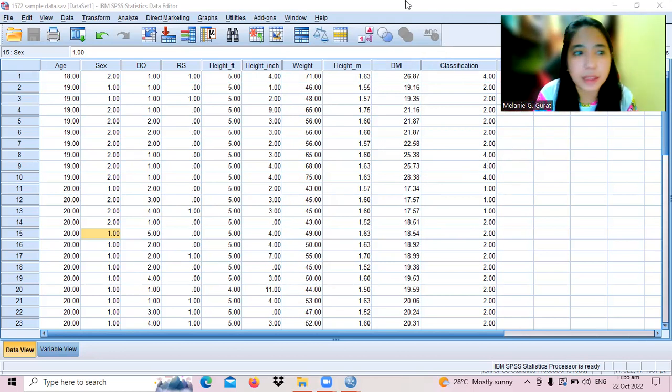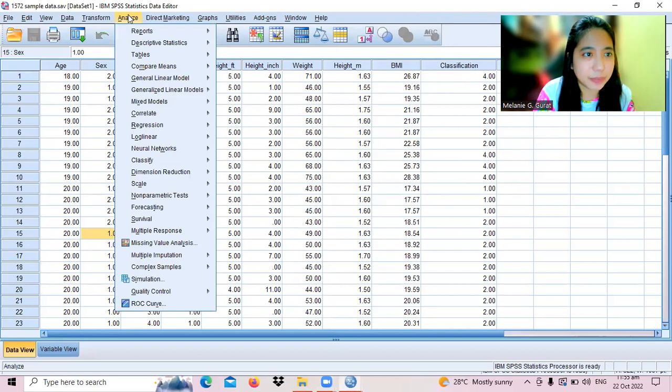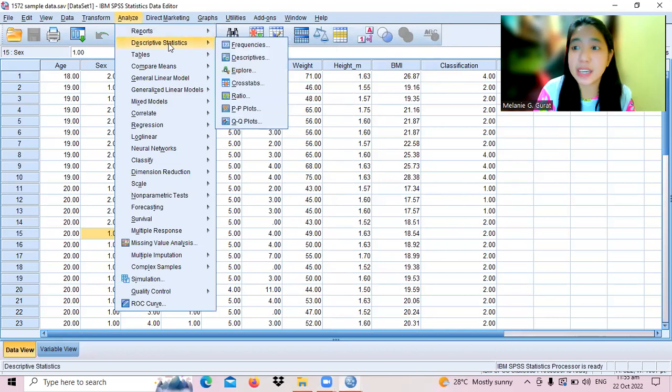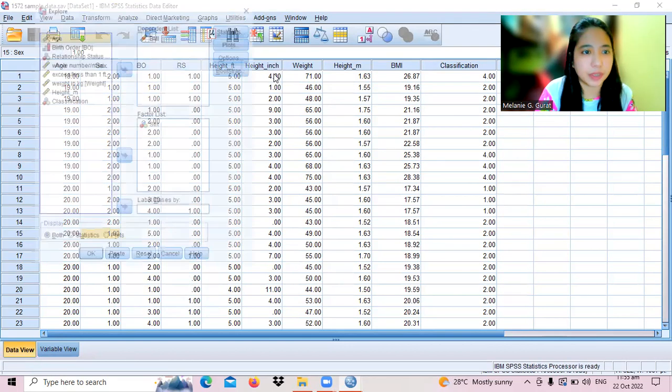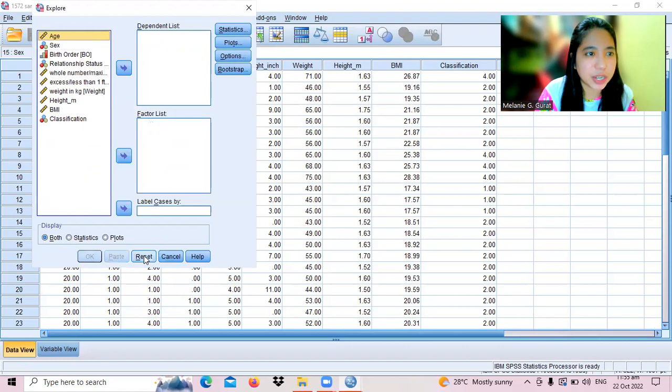To do that, this is the function that we can use in SPSS. Click Analyze, Descriptive Statistics, and Explore. Initially, this is what you will see. We will transfer BMI to the dependent list. As you can see here, we also identified the measure of our data.